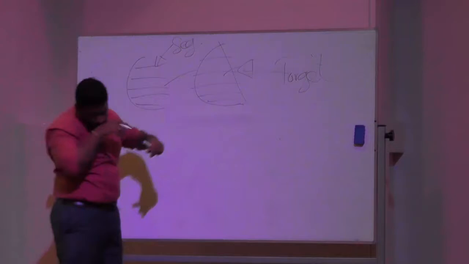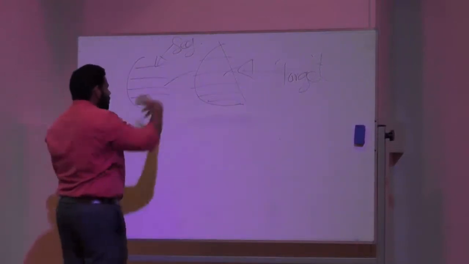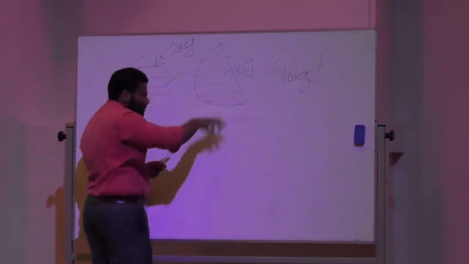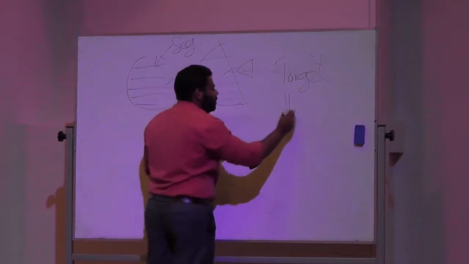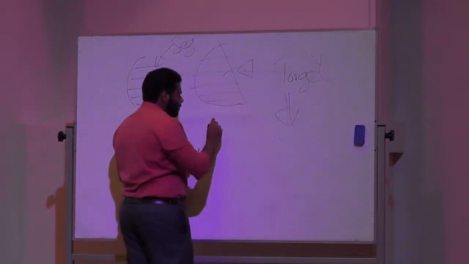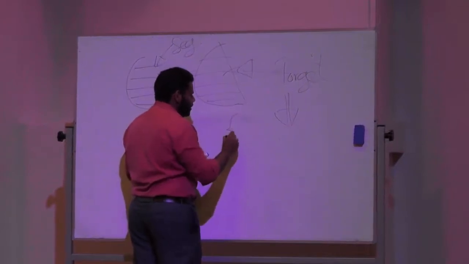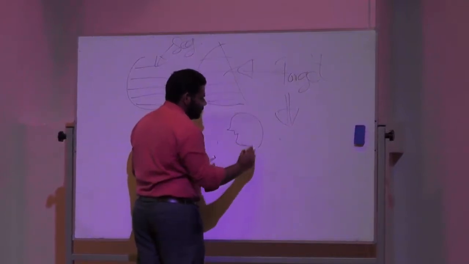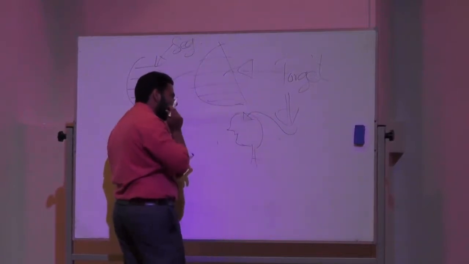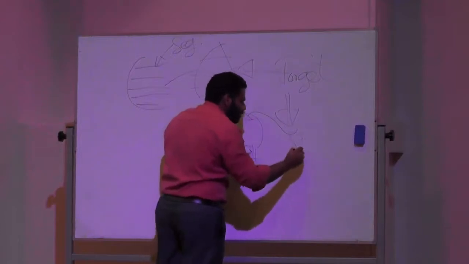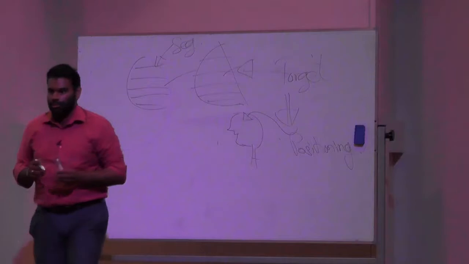So after segmentation, after you have identified your set of customers from the entire market, now you target them, and to them you try to position the product. Now what do we mean by positioning the product? Let's say if this is a customer, what do you want to put into his mind as far as the product is concerned? This is what we call positioning. What do you want them to remember about this product?